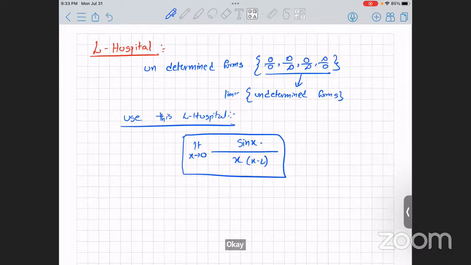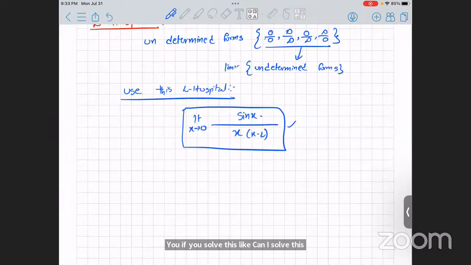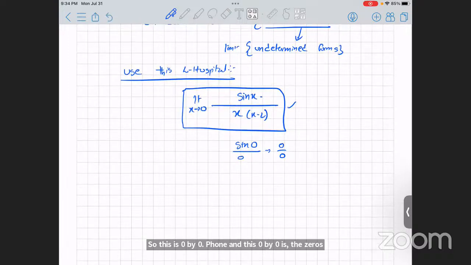If you solve this, sin 0 divided by 0 is 0 by 0 form, and these zeros are always tending. This is not exactly 0.